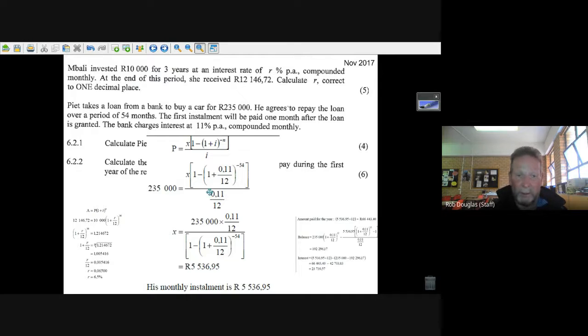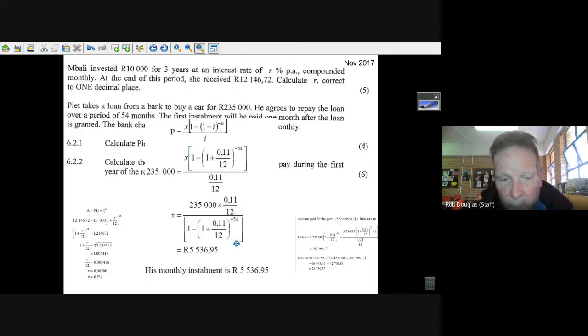Now, the only trick here is this gets a little bit tricky to solve, and this is how you do it. You take this 0.11 over 12 and you multiply. You know what's easier than this, actually? If you take 235,000 and then you divide, and then just type this whole thing into your calculator, you'll get 5,536 Rand and 95 cents.